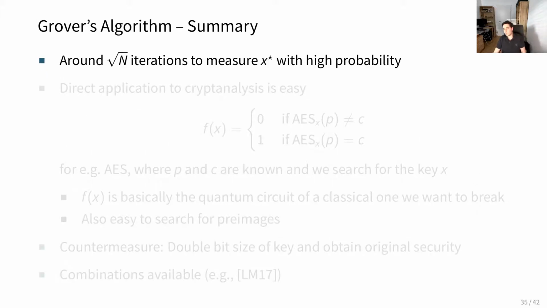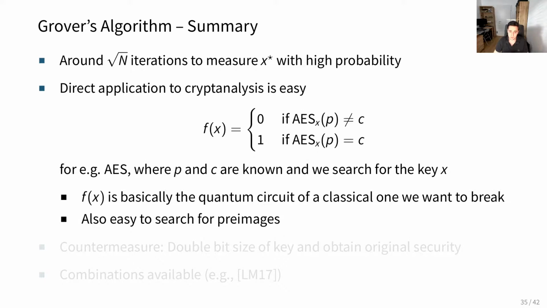So, a summary of this algorithm, because this is very important. We need around square root N iterations. But what about the cryptanalysis part? We didn't talk about cryptanalysis. This was all about finding an element in a list, which is not necessarily related to what we actually want to achieve. But it turns out that this is exactly what we want to achieve. Why?